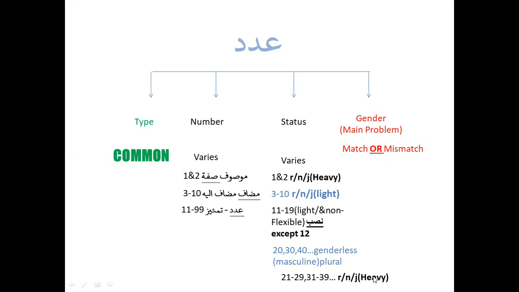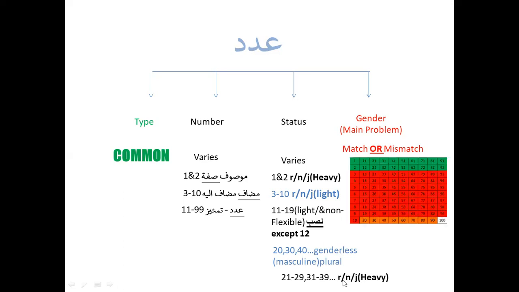So you remember wahidun wa ishruna, thalathun wa ishruna. They were all heavy and they can retain all 3 statuses. And this is simply the grid that you have seen. Are there any questions regarding any of this?